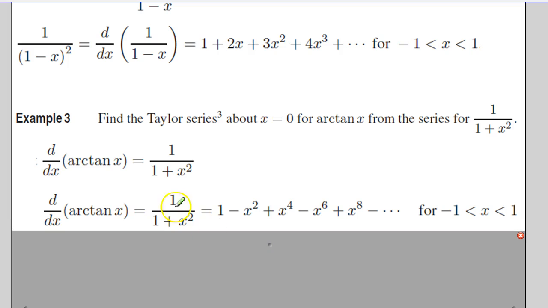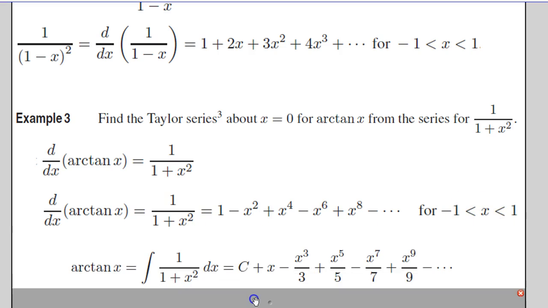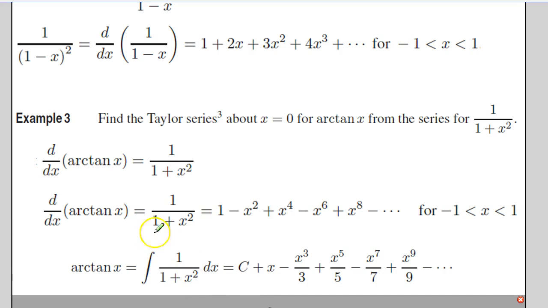So arctan can be found by integrating the Taylor series for values around x equals 0. In this case, for x values from -1 to 1. And so then I integrate both sides, and I end up with this Taylor series, which will give you the value for arctan of x for x values close to 0.